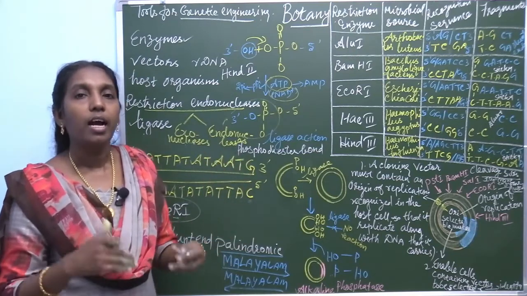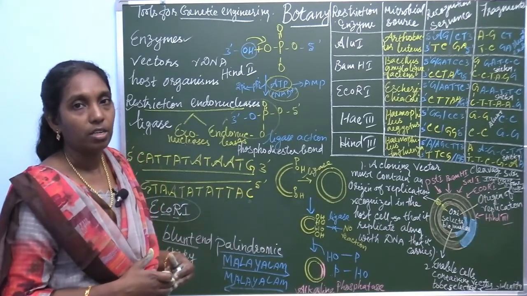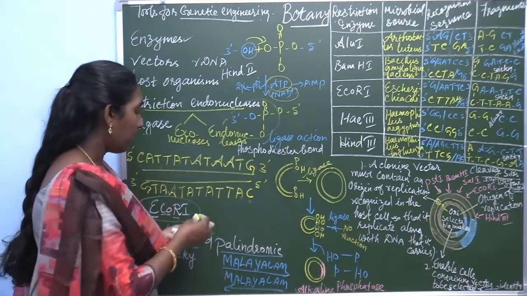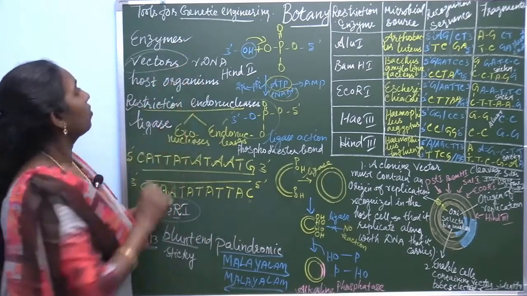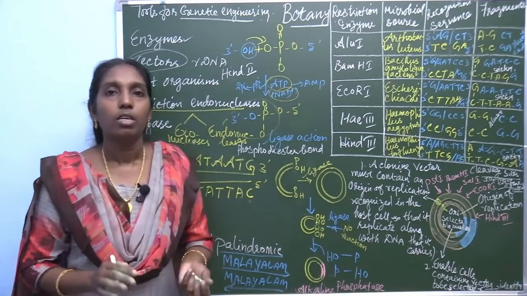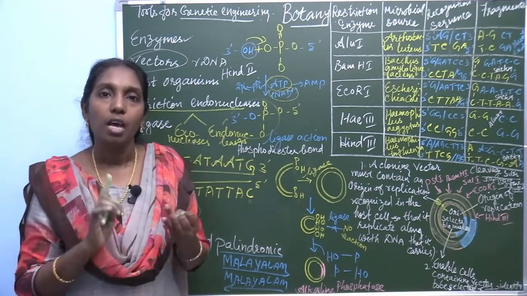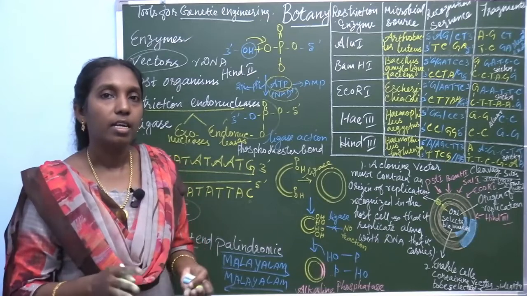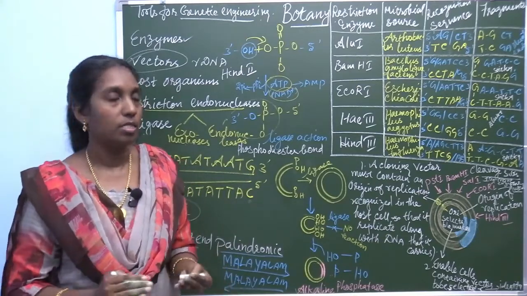Apart from this, another major component is used for recombinant DNA technology. What's that? That is vector. So first, enzymes. You learned there are 3 important enzymes: restriction endonucleases, ligase and alkaline phosphatase, and their role. First question, you learned this.